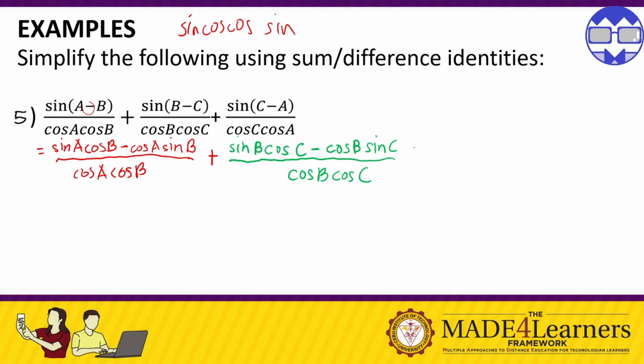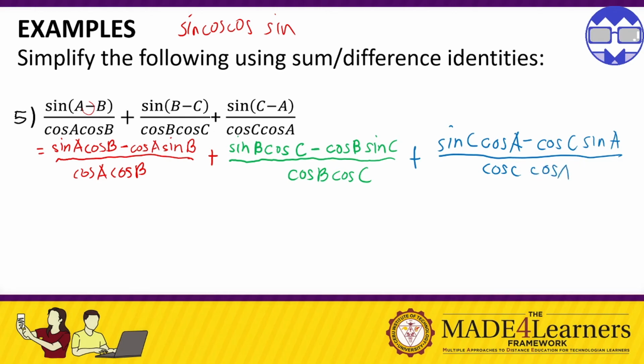Let's have blue. So plus, we have C minus A, so we have sine C cos A minus cos C sine A, all over cos C cos A. So we just copy the denominator.